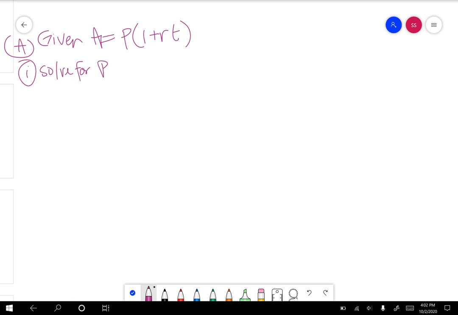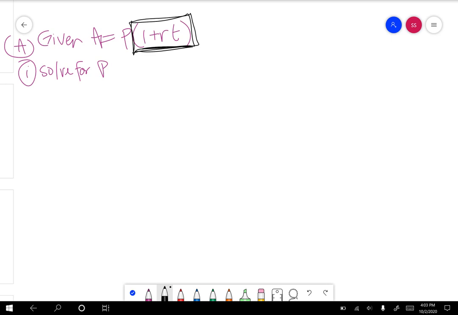Right now, P is being multiplied by some quantity. So to get P by itself, we can isolate P by dividing by that quantity.